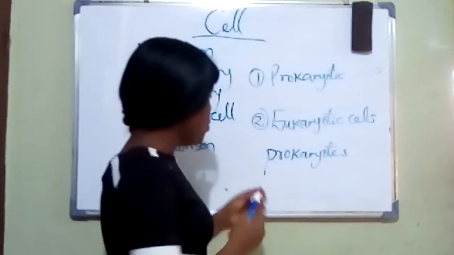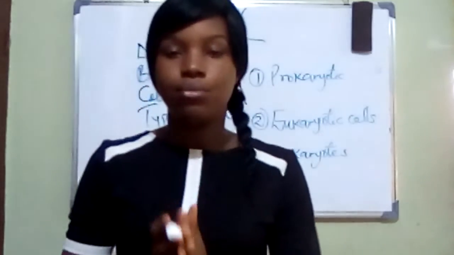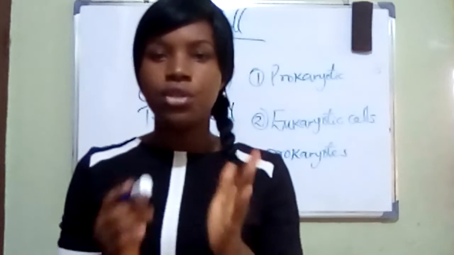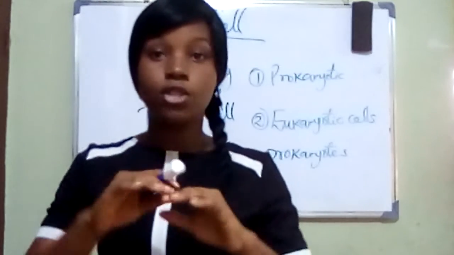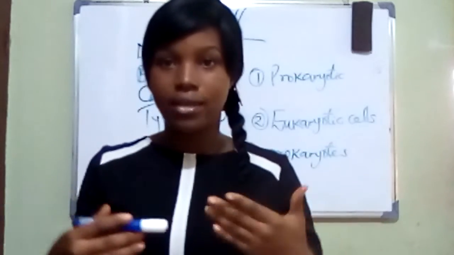Eukaryotic cells are cells whose nucleus is bound in a membrane. That is, its contents are separated from the rest of the cell, which is called the cytoplasm.